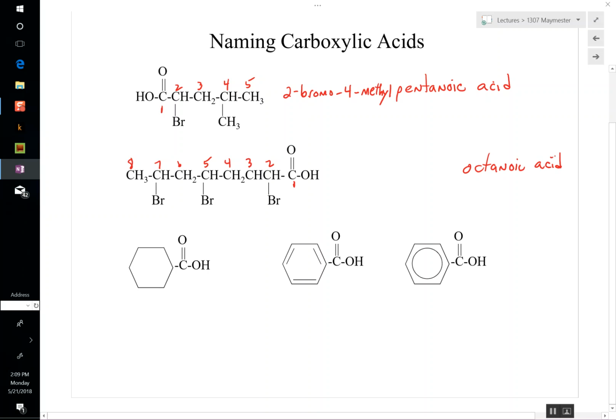Octanoic acid. What's the rest of the name? 2,5,7 tribromo. Tribromo octanoic acid.